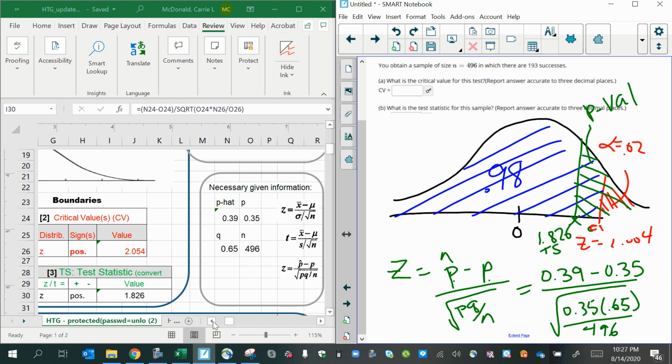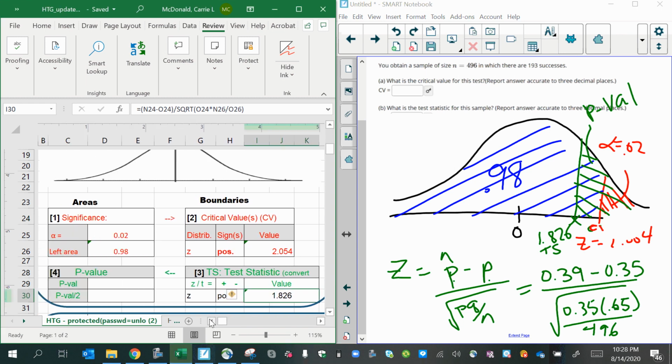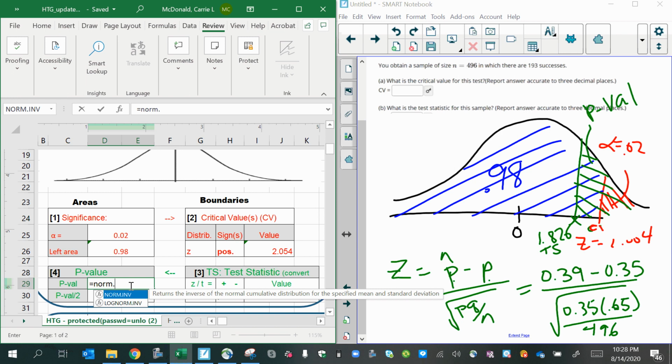So how do we find an area in the tail next to a z-score? We use norm.distribution. We need to give it the boundary 1.826.